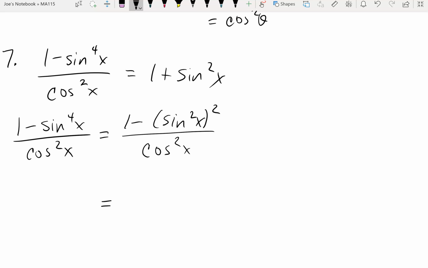So this requires us to remember a little bit of algebra. If you've got a squared minus b squared, how can I rewrite that? Yeah, good. That's a difference of 2 squares, correct?